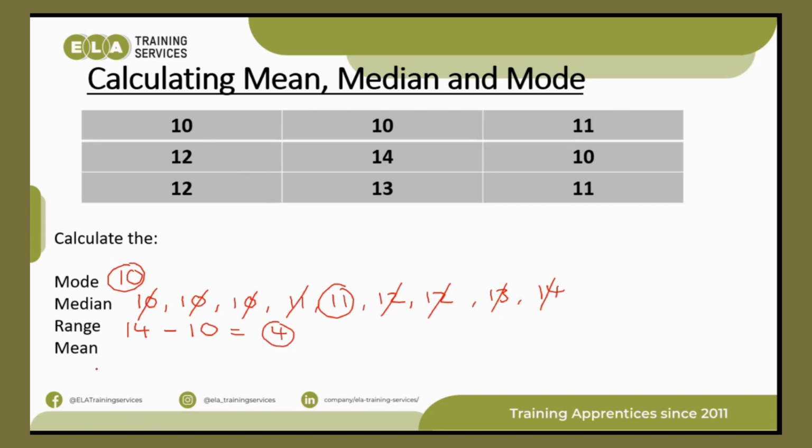What we do here is add together all the numbers and then divide by how many there are. To make the mean easier, you can add each column together and then divide by how many.